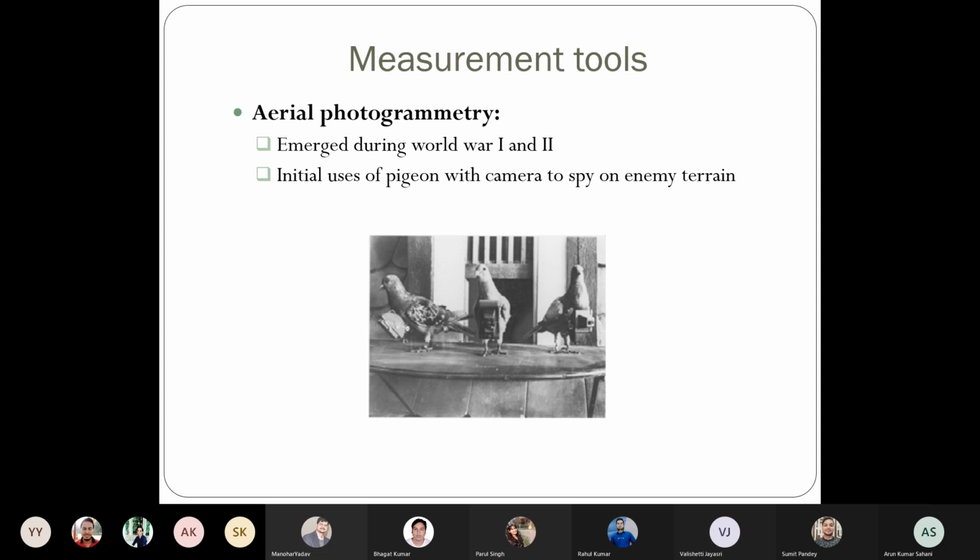If you recall, there was initial use of pigeons with cameras to spy on enemy terrain, when there was no aerial platform. So in that time, a camera was attached to the pigeon, and it was used for military purposes.